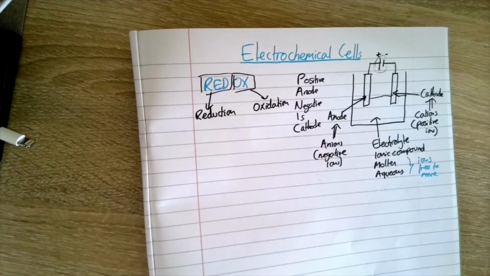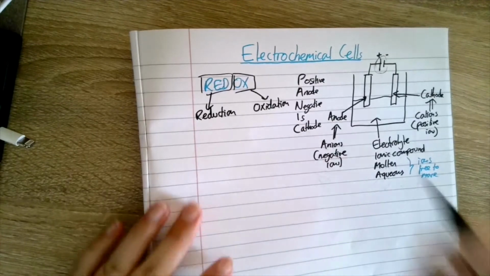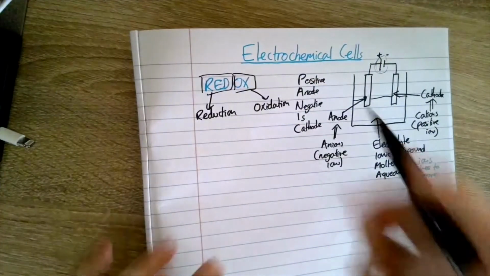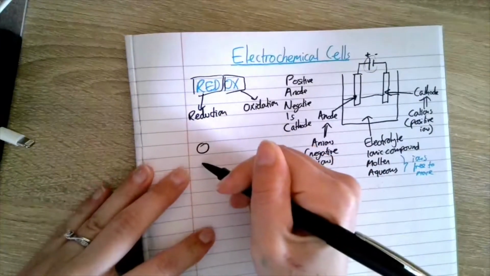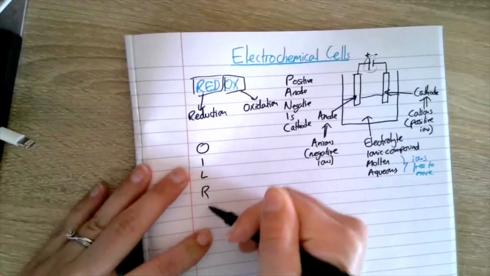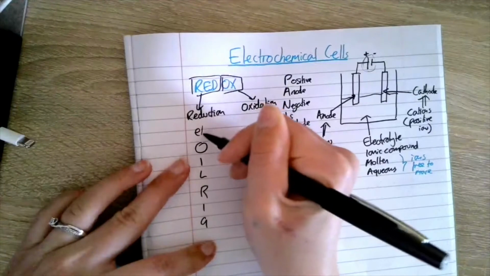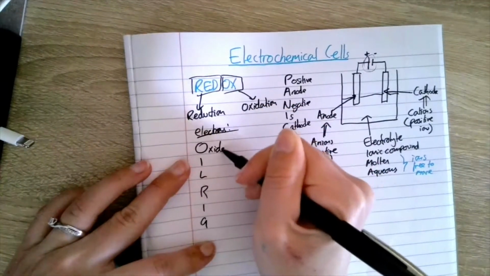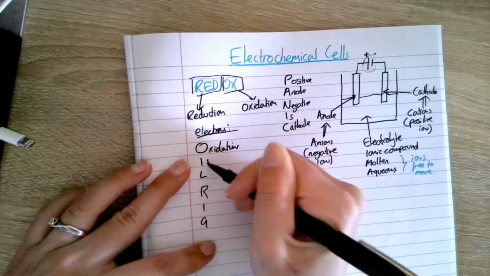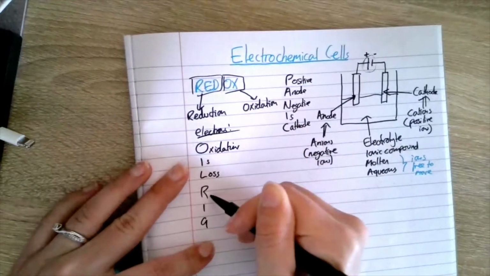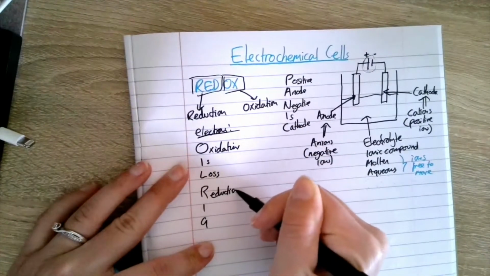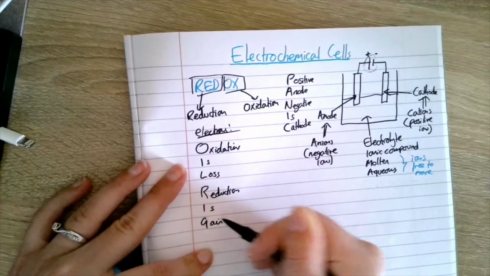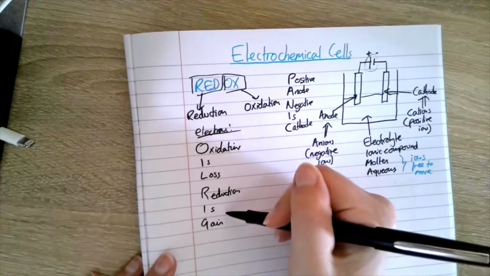Now we have two definitions for each of these. In terms of electrons, we often use OIL RIG. So our oxidation is loss and reduction is gain. Again, this is in terms of electrons.